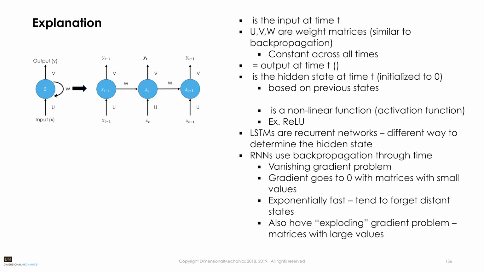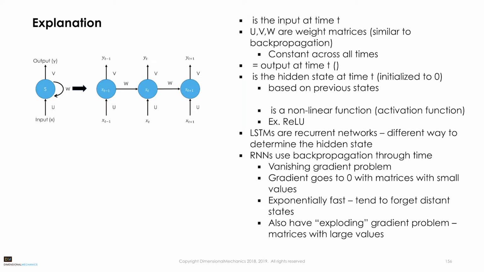One of the challenges is that two situations could develop: the gradient goes to 0 very quickly, which is a problem, or the gradient explodes, which is also a problem because you'll never get convergence. This is a challenge you sometimes run into with RNNs.